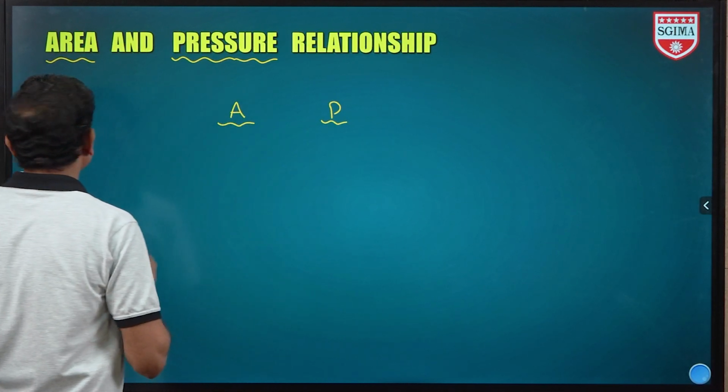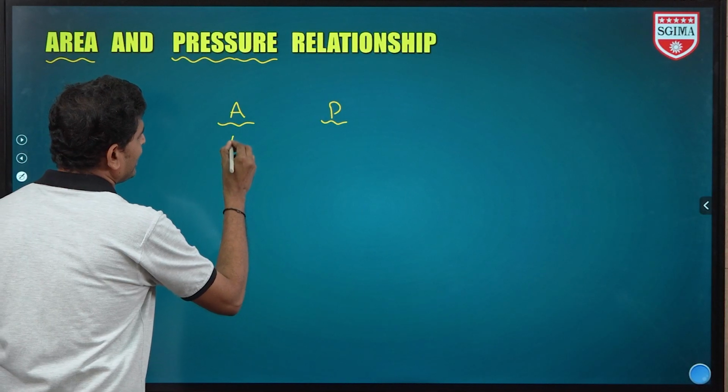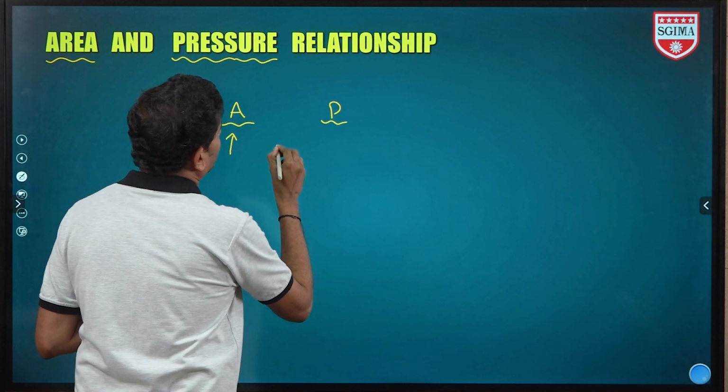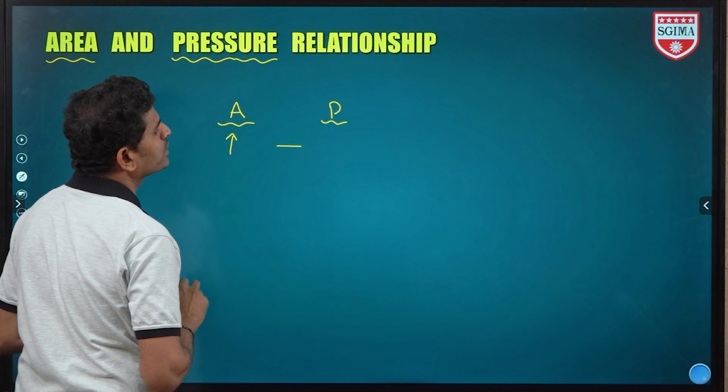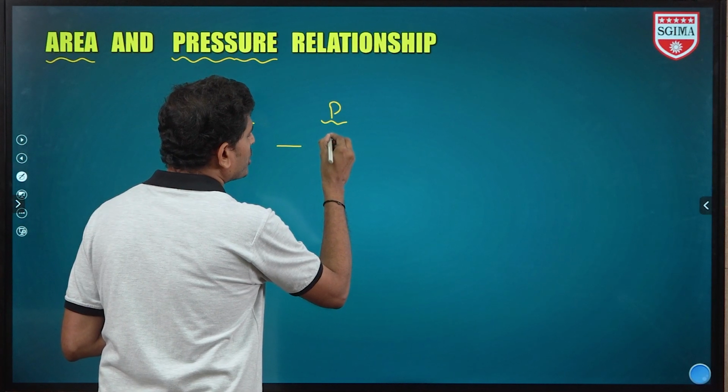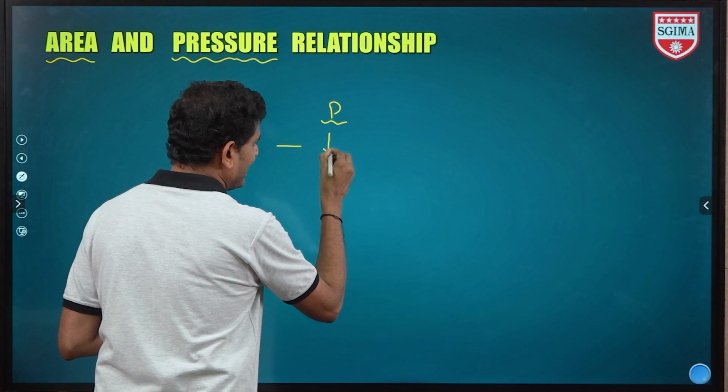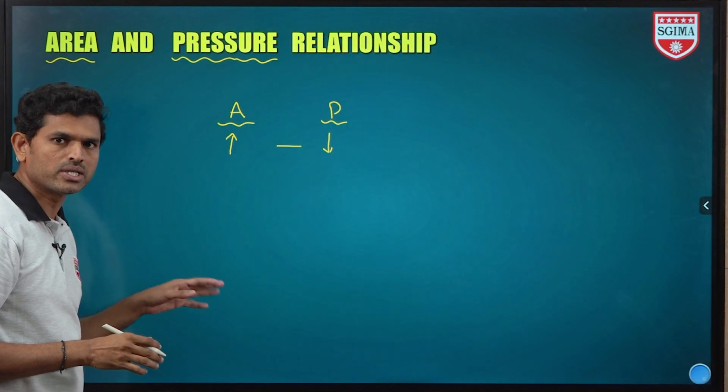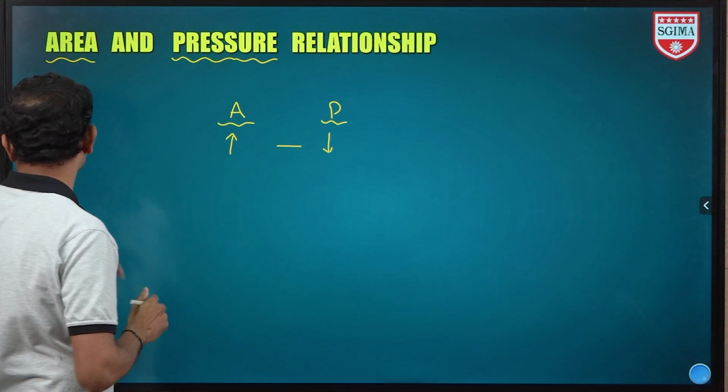If area increases, then how will pressure alter? Pressure, as we know, decreases. When area increases, pressure decreases. How can we explain this one?